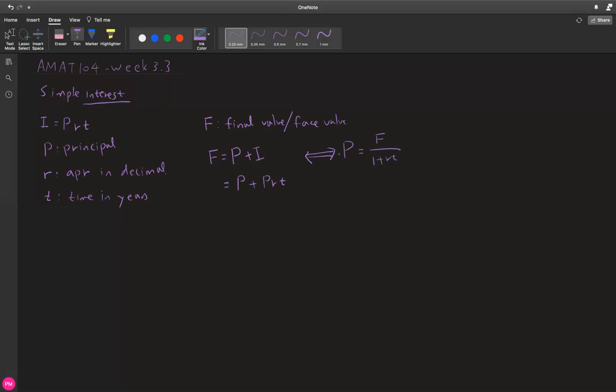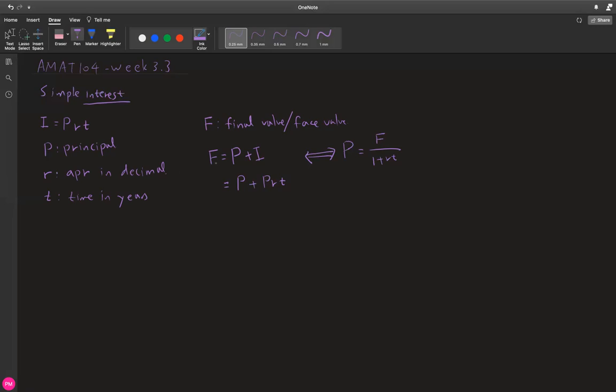So they're exactly the same formula. However, you would prefer to use one formula for one type of problem than another.